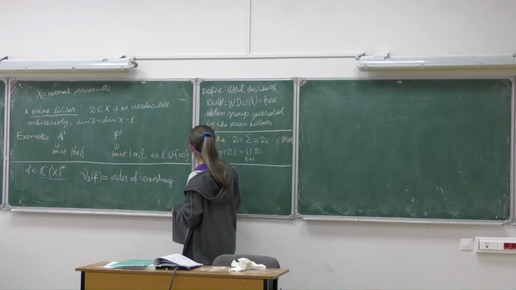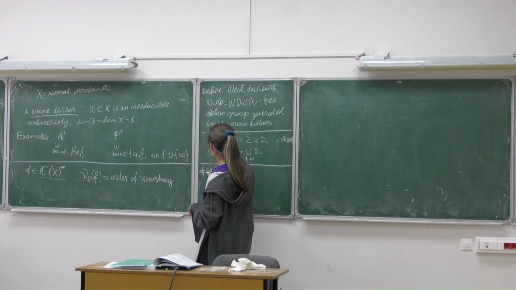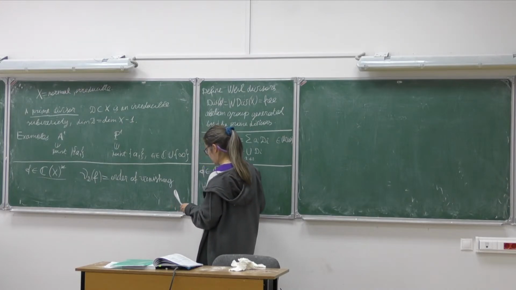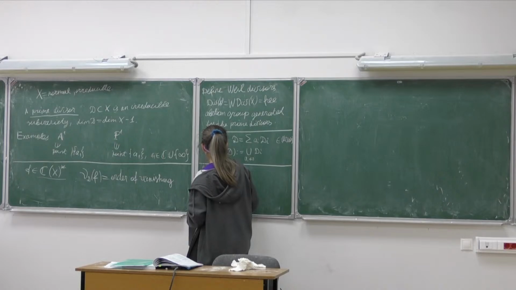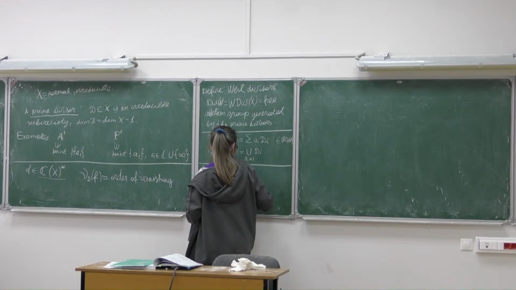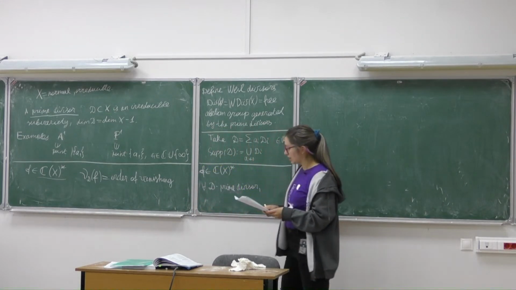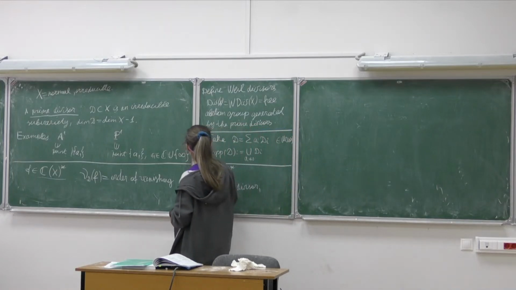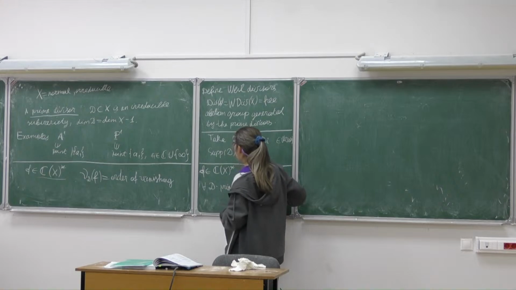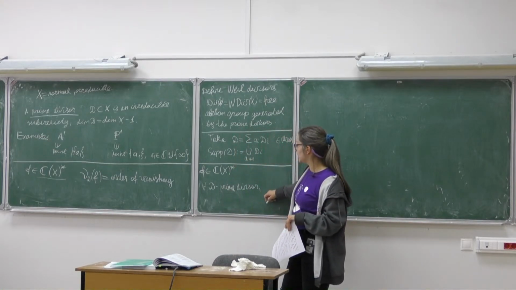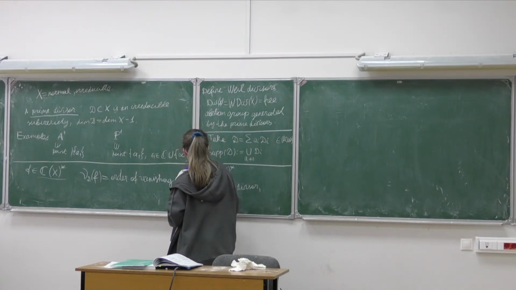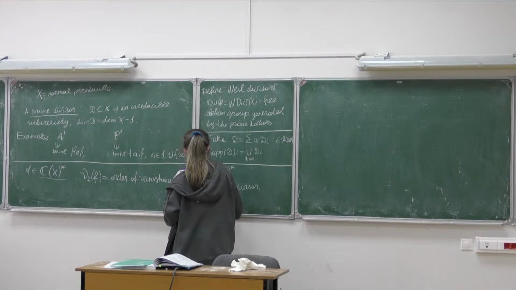For this, we can just say that given any f, for any prime divisor D, we can check whether it belongs here. So for each prime divisor, we can restrict f to D.